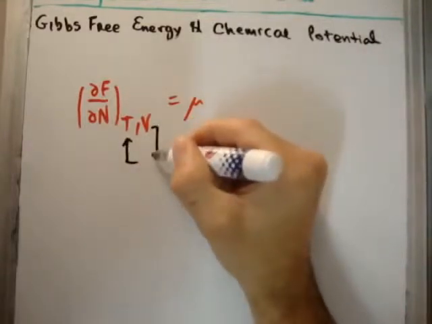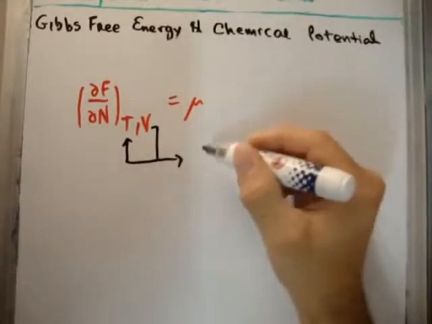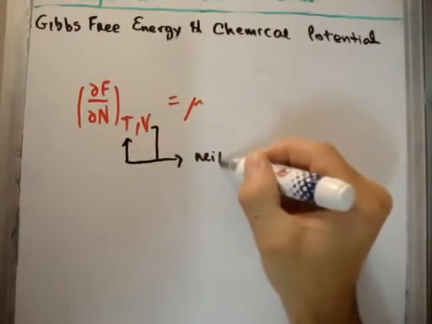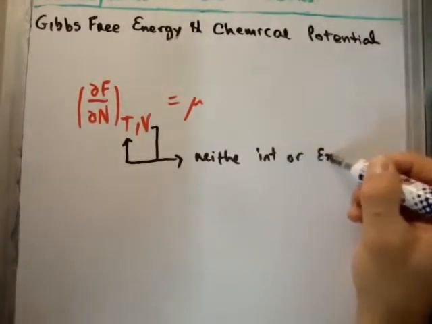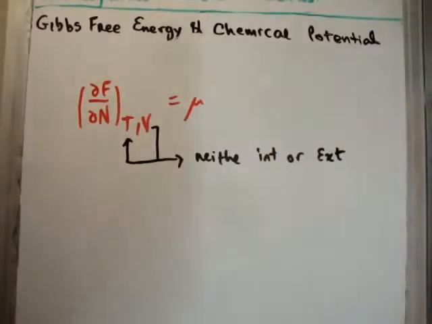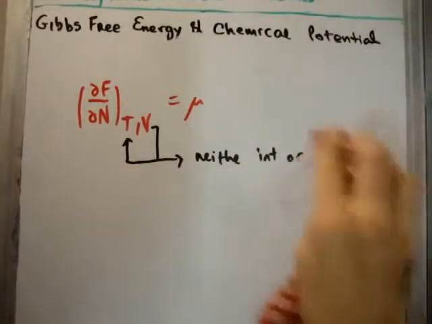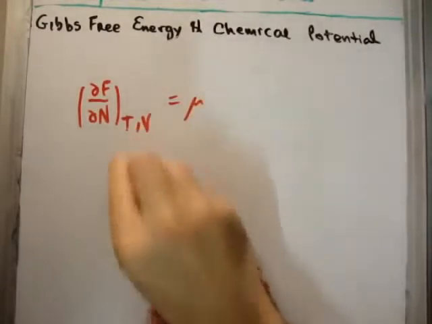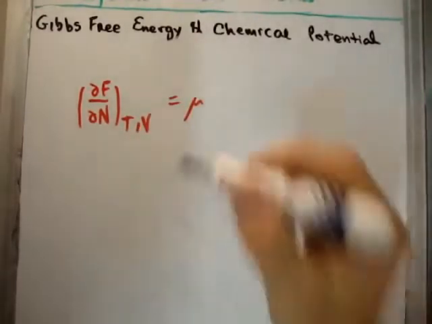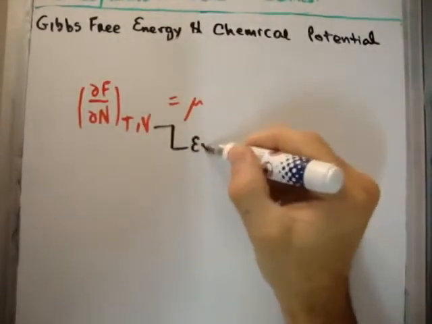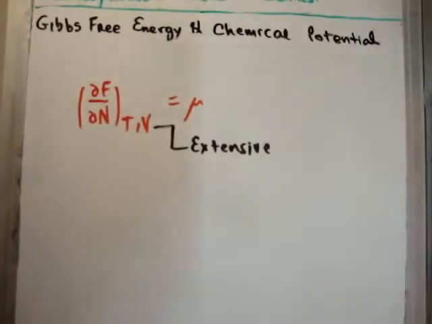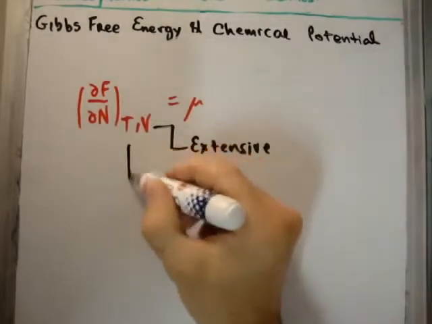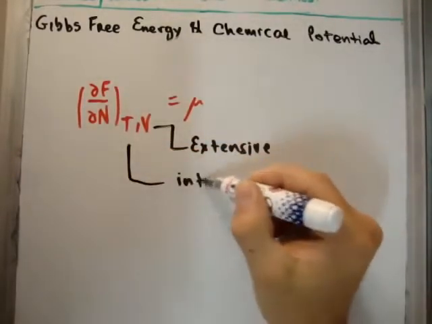We note that these are neither both intensive nor both extensive, because in actual fact one is extensive and one is intensive. The volume is an extensive quantity, and the temperature is an intensive quantity.